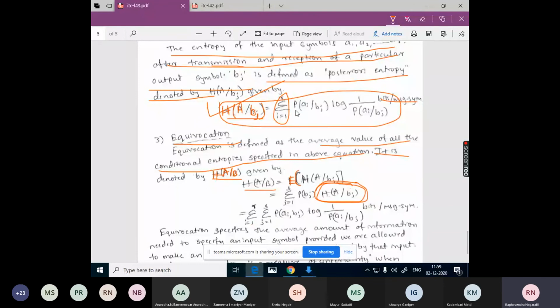P of ai comma bj log 1 by P of ai by bj, bits per message symbol. So this is the final equation that we get.